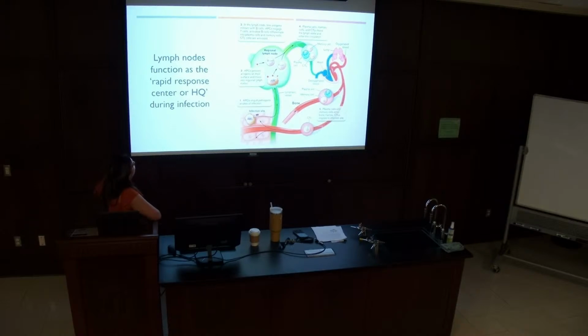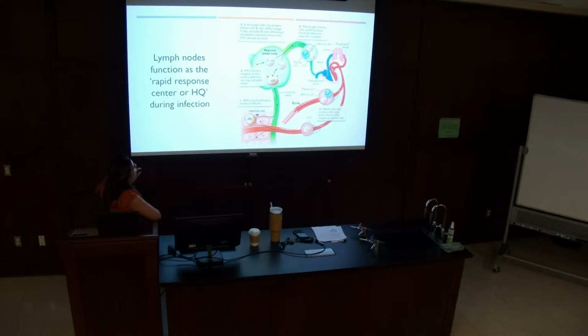In the lymph node, these free antigens can interact with B cells, so this would be T cell independent in this particular case because they're free antigens. Or you can have the APCs engaging with T cells and activating either B cells for plasma cell differentiation and memory cell differentiation, or the T cell can then also just mature into the cytotoxic T cells.